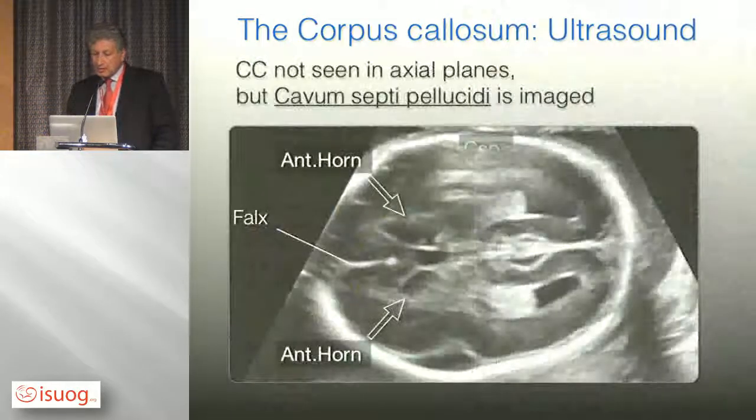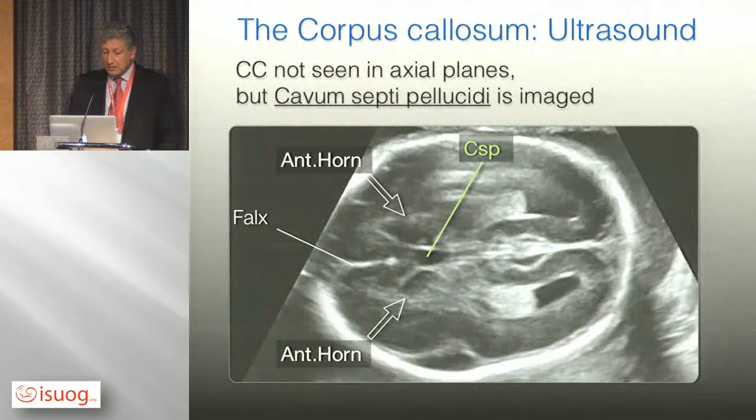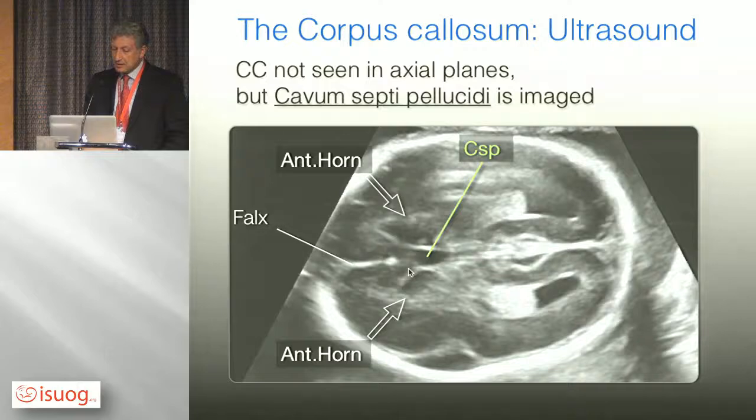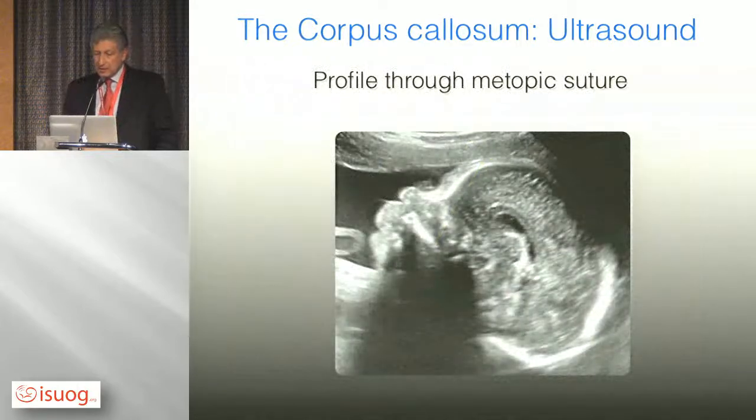But in general, in an examination we perform the measurements of the BPD, and we look at the lateral ventricles, and Gianluigi elaborated very well the role of the cavum septi pellucidi, which is the fluid just below the corpus callosum, as one important hint for normality.